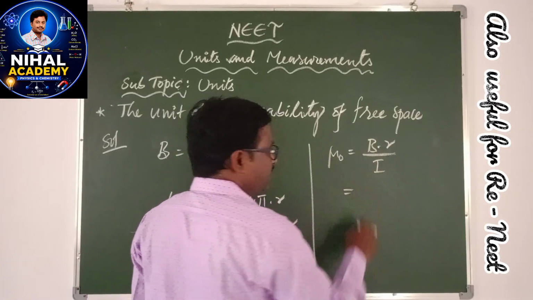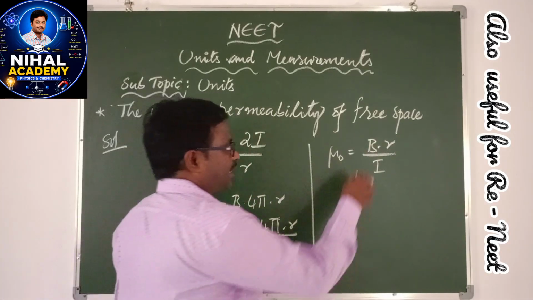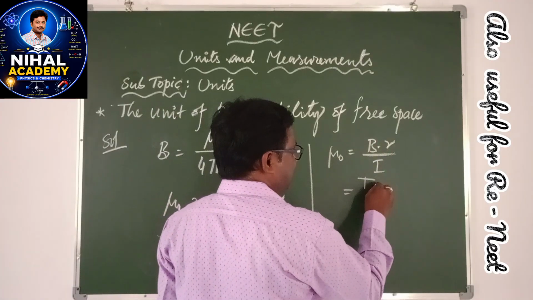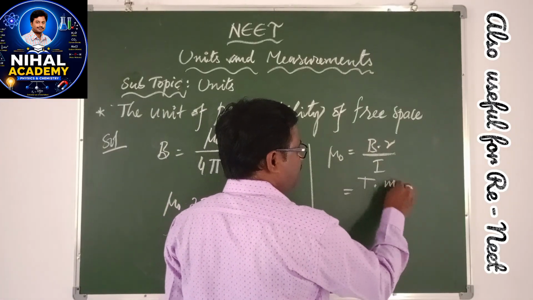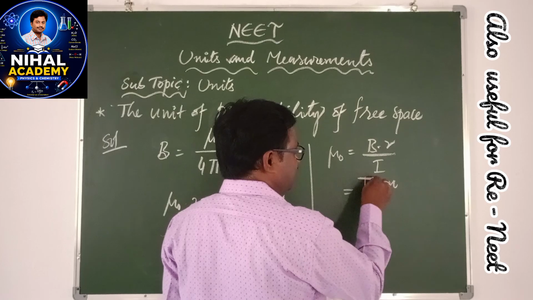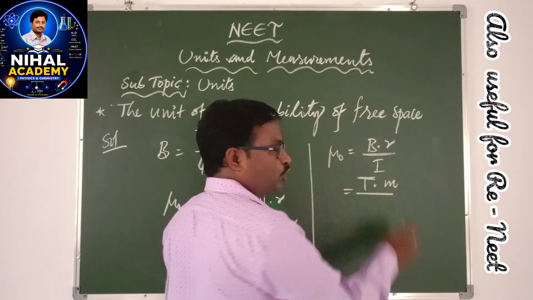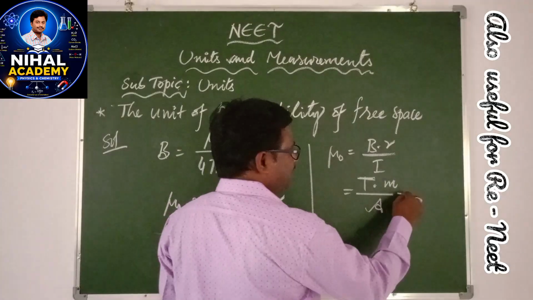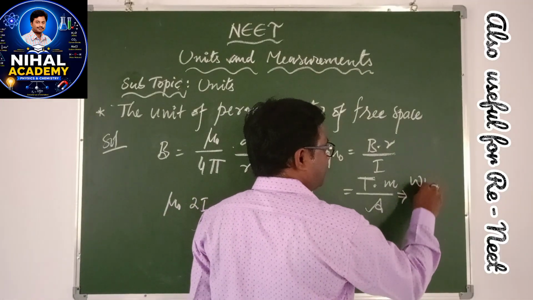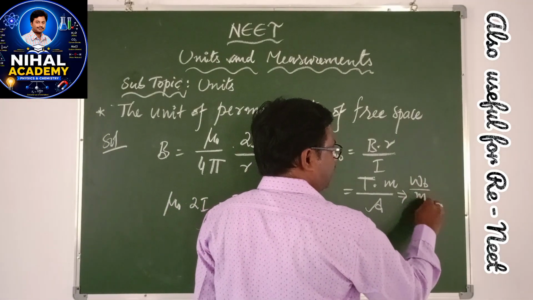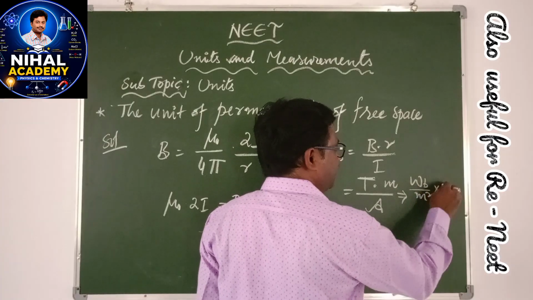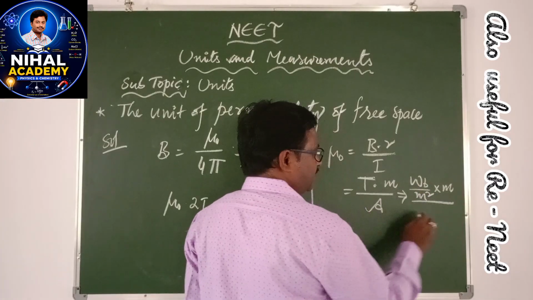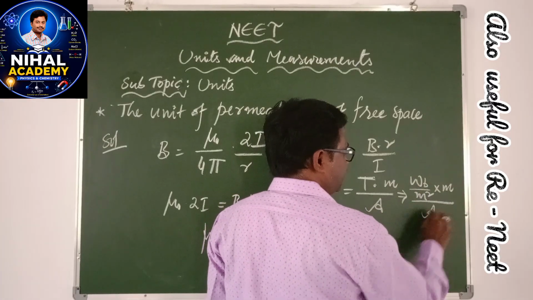So what is B? Magnetic field. The unit of magnetic field strength is Tesla and R is the distance, so meter. Tesla meter by ampere, the unit of current is ampere. The Tesla we can write as Weber per meter square, into meter by ampere.